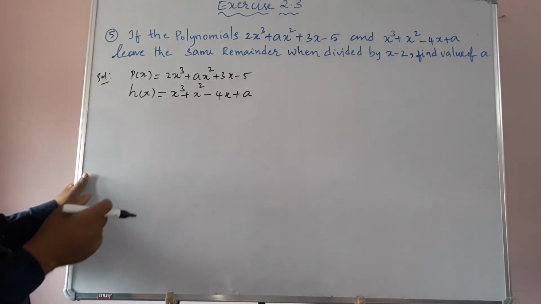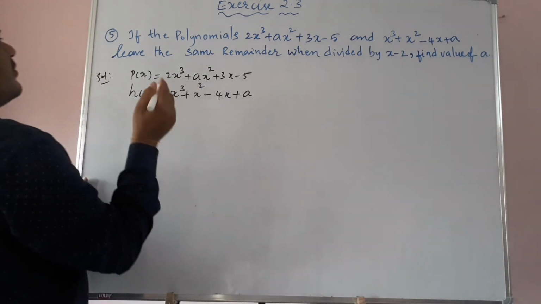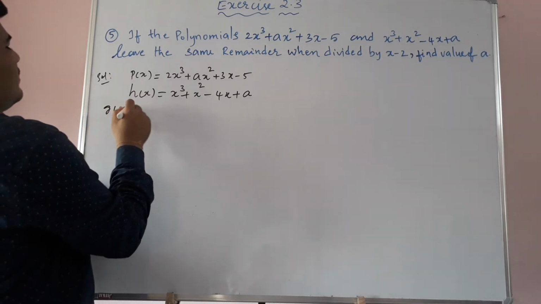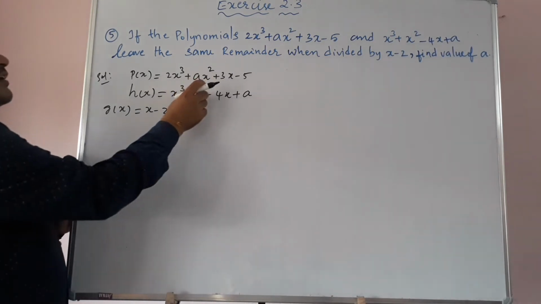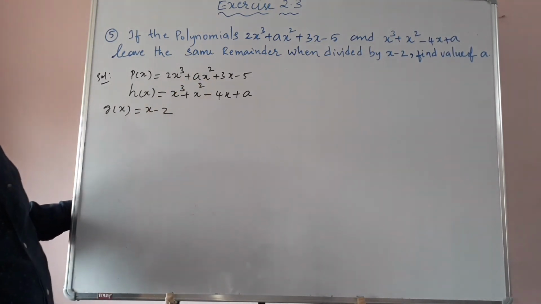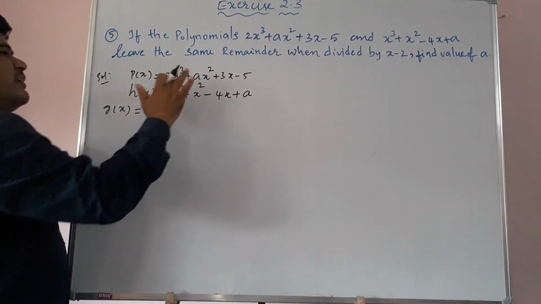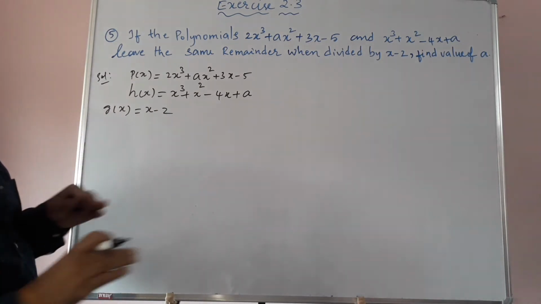So children, when these two polynomials are divided by the divisor polynomial g of x, that is x minus 2, they are leaving the same remainder. Then find the value of a. A is there in the first expression and in the second expression also. So that a value we need to find.